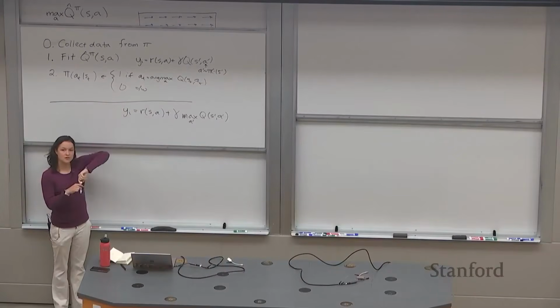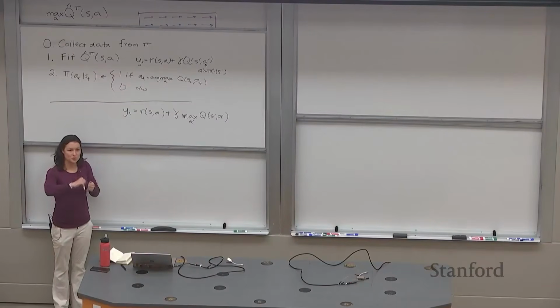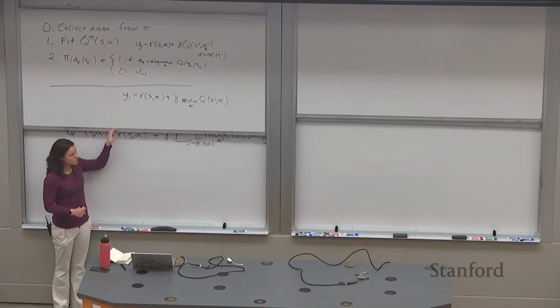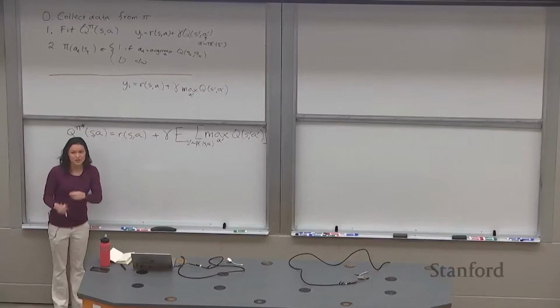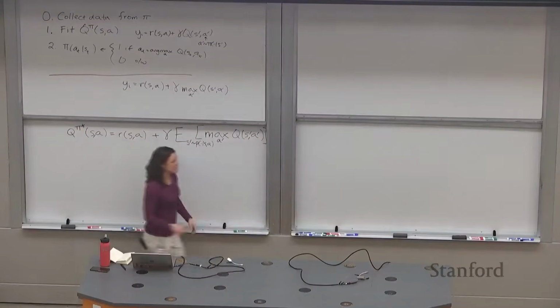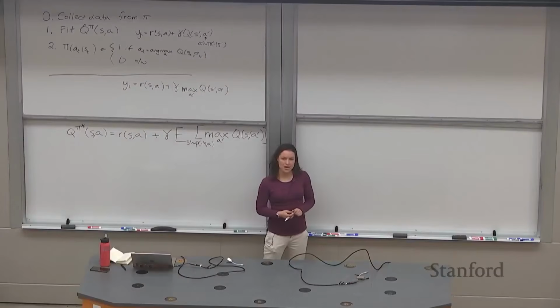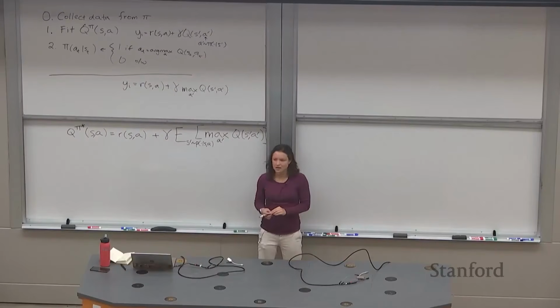Whereas with the value function, if we only know V of S, then we don't know which action will lead to higher future rewards. In principle, with the value function, you could try to do some sort of look ahead. If you have a sense for what the dynamics are, you could try to predict what S prime is and pick actions that are maximizing that.